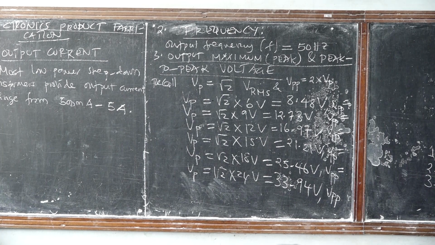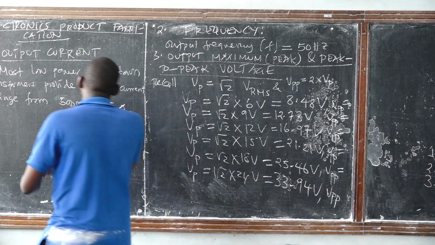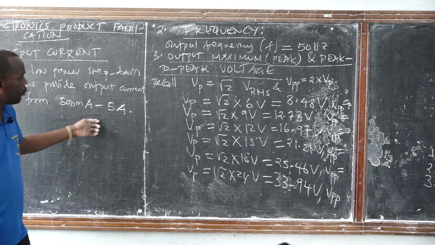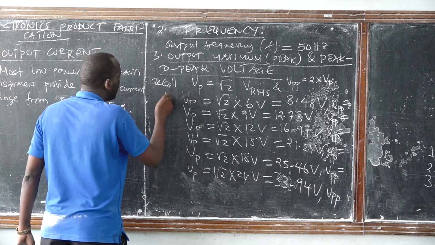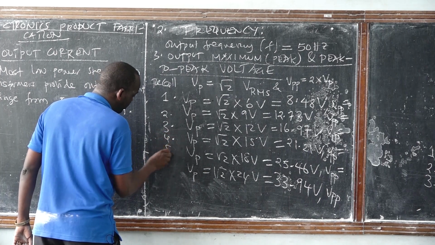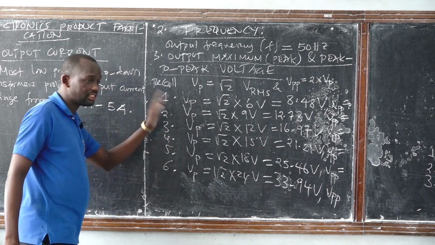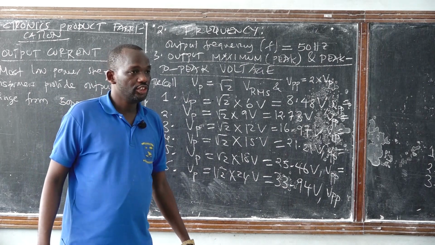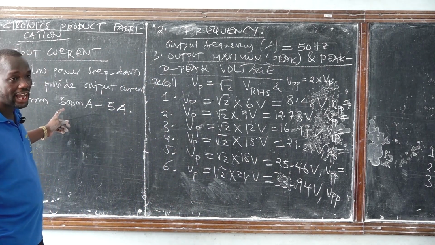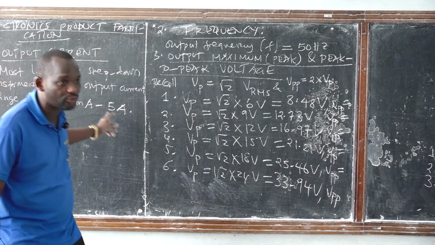This is the range of output current that a transformer can provide. We have transformer number 1, 2, 3, 4, 5, 6. These are the fundamental ones. So any of these 6 transformers can provide output current ranging from 500 milliampere to 5 ampere.